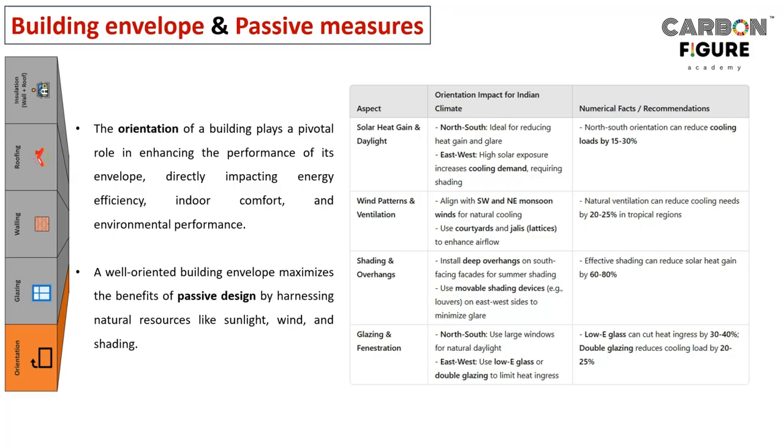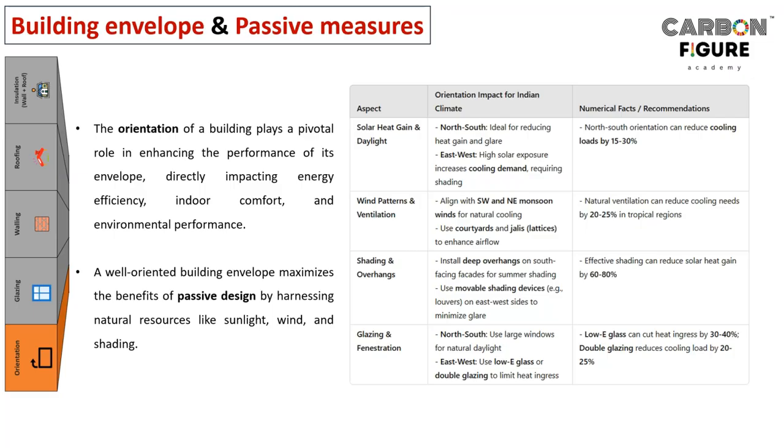So what is low E glass? Low emissivity glass is a property of a glazing system where it can reflect the sun rays back into the outdoor scenario, so it only allows a limited amount of heat gain into your building space.